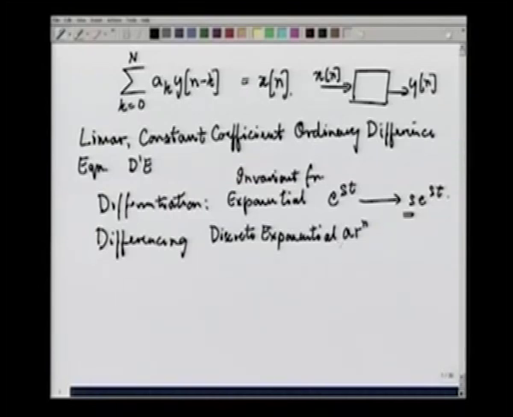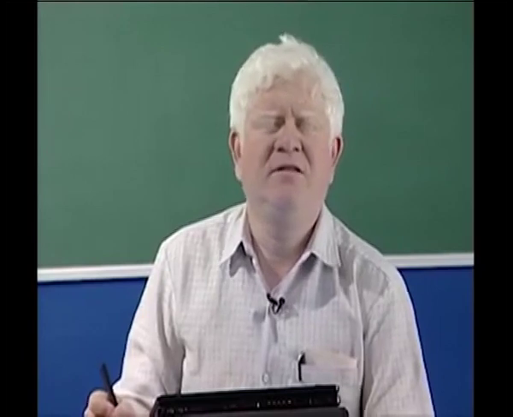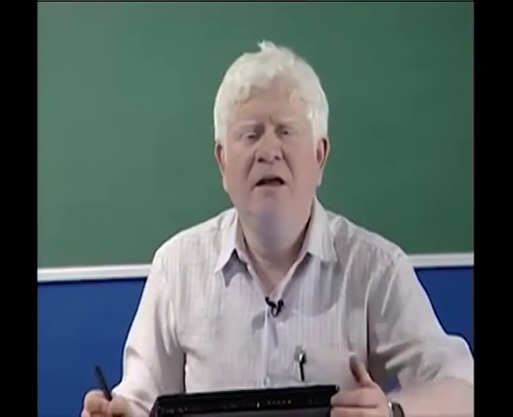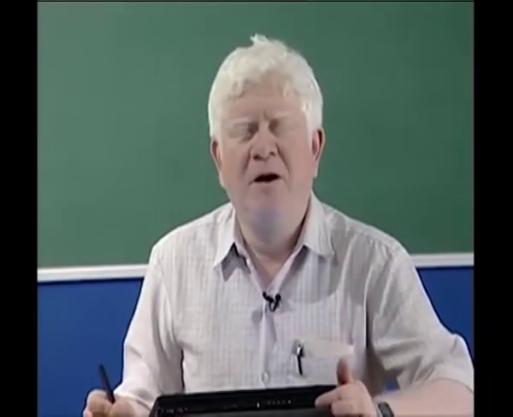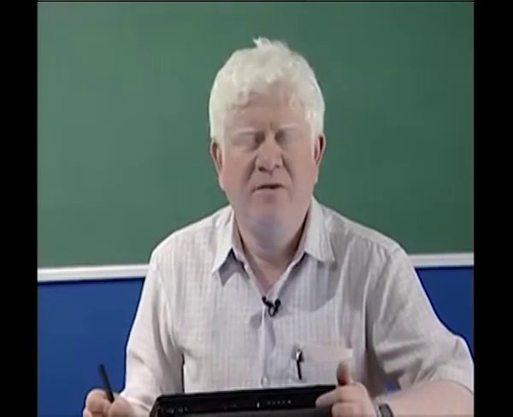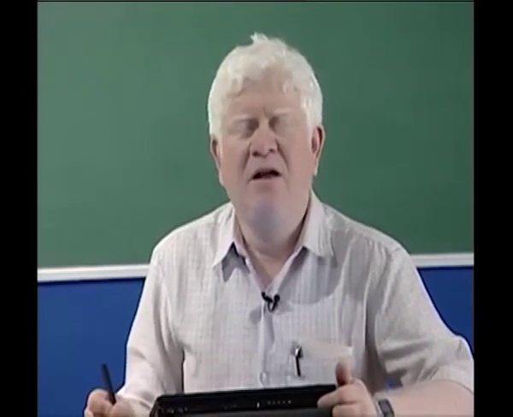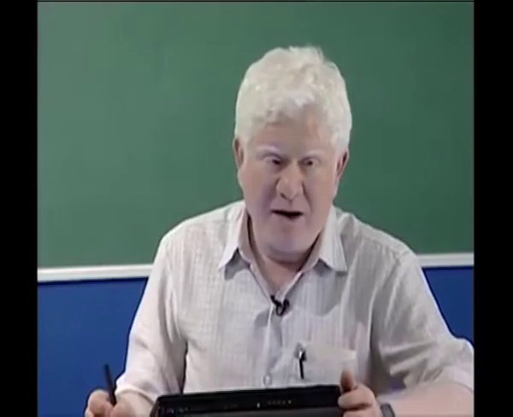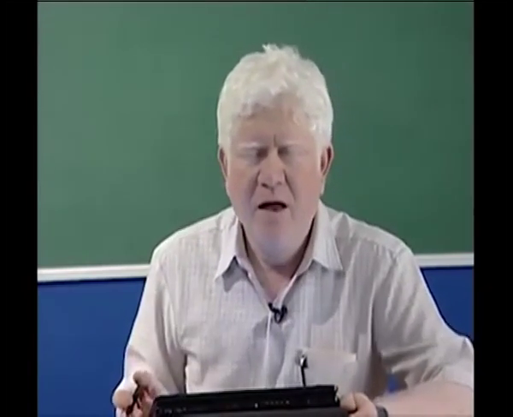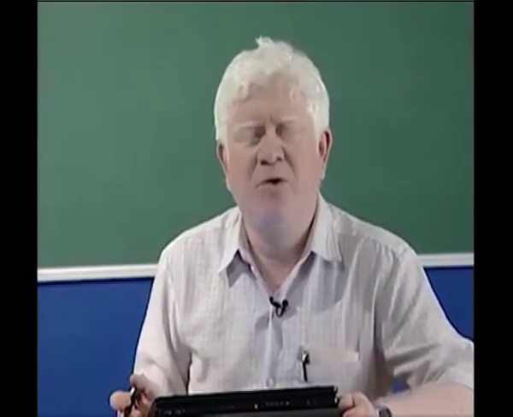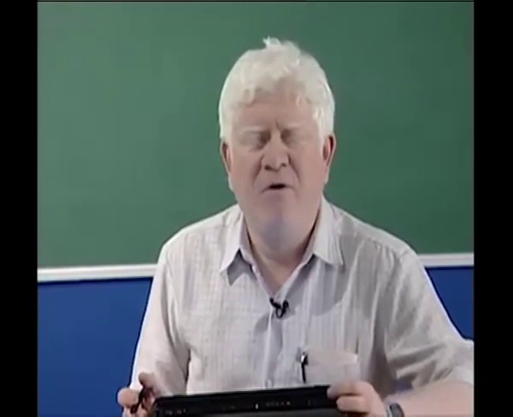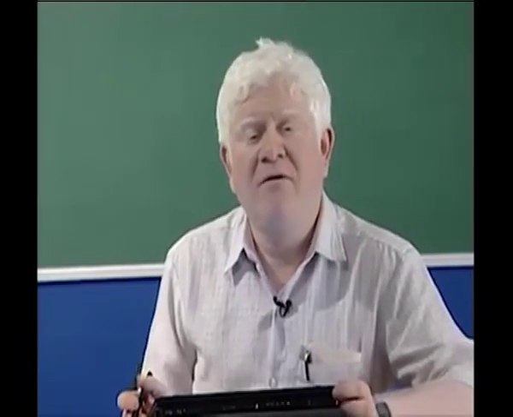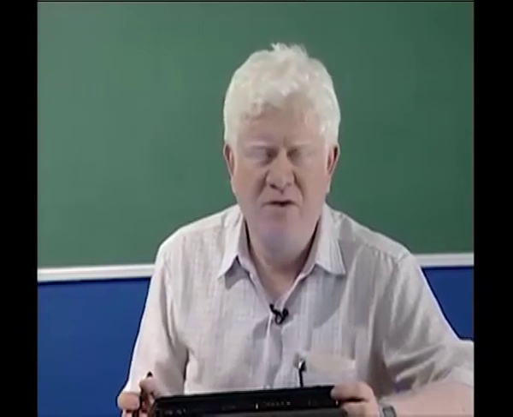Now, let us see what happens to a r to the power n when you difference it. We have to first check that it is indeed invariant, in short that it only alters by a multiplicative constant upon differencing, and subsequently we will see what is that multiplicative constant as well. Having established that, we will be in a position to take the next step forward with regard to discovering the solution of the difference equation.